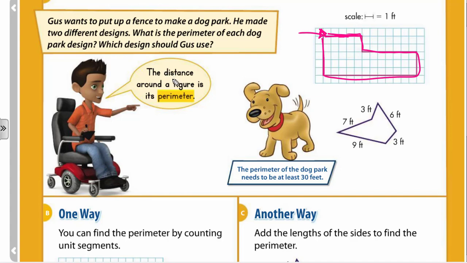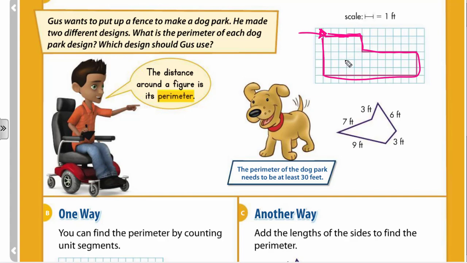Not inside. So what is inside? What do we call the squares inside the figure here? Yes, Hassan? Oh, great. So this is area.